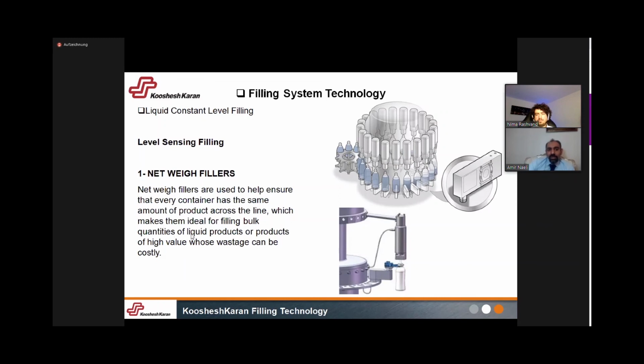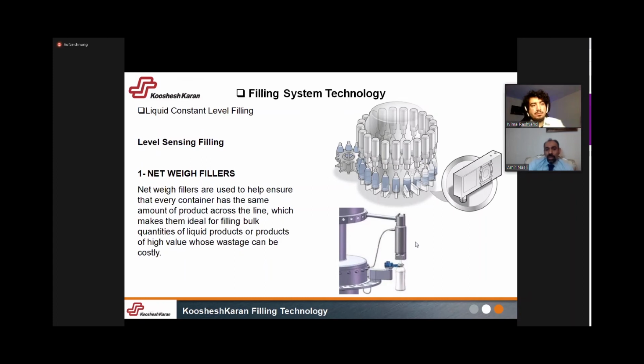For example, the filling of edible oil, you use this kind of filler. The net weight filler can also be used for powders and granules. All of the products you can fill by net weight filler.